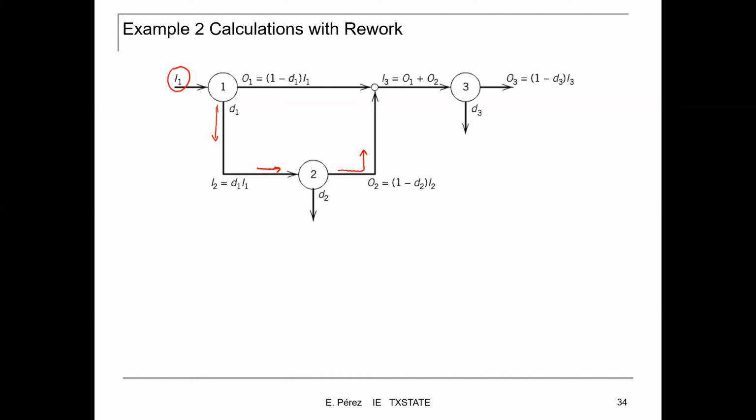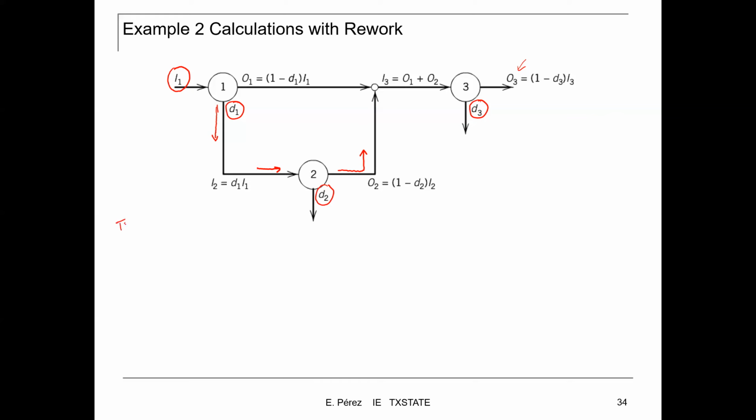So we know we have a ratio of defects for each one of the stations, including that station that is rework. And we can use a variable to model what will be the output and the inputs for each one of the stations.